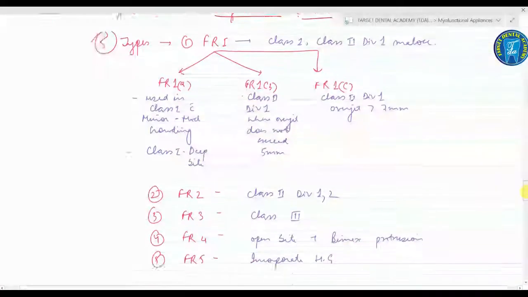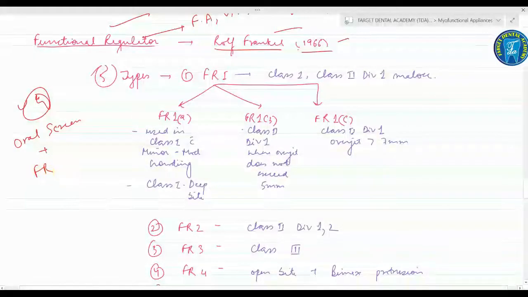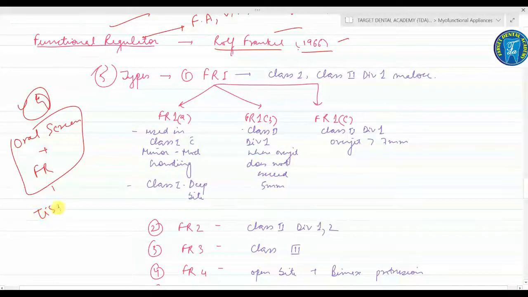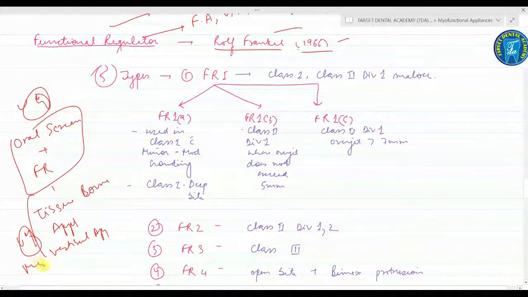So a very important point regarding this, which is commonly asked as an MCQ, is that the oral screen, please note it down, and the function regulator, these two are the tissue borne appliances or the vestibular appliances. Very important for your MCQ.